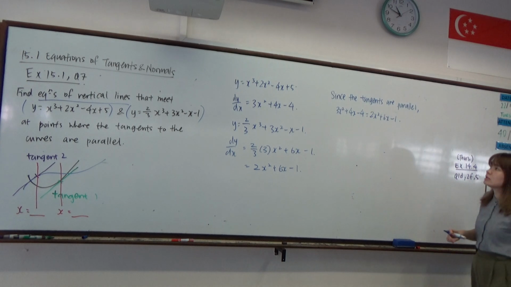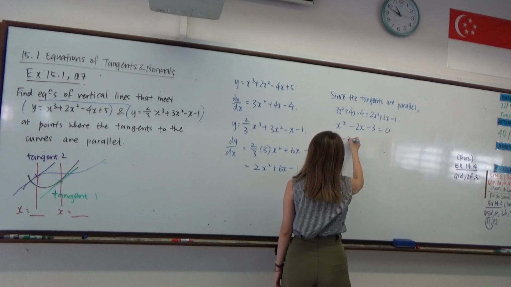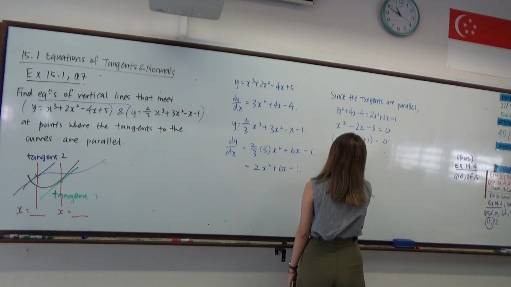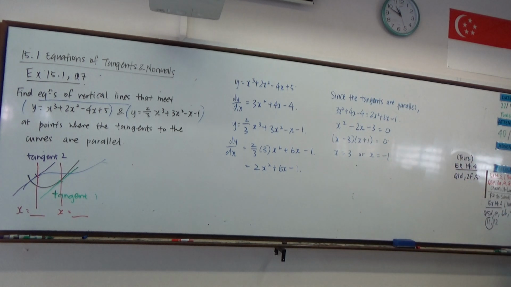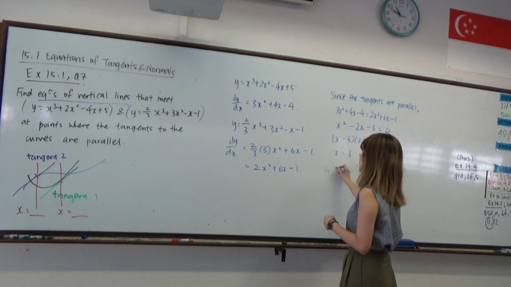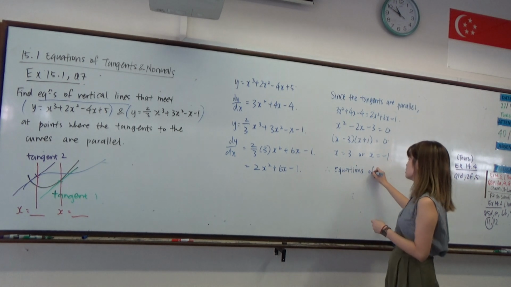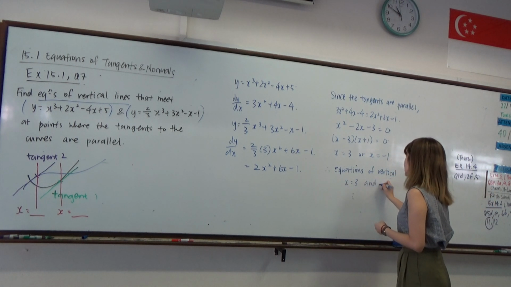Then we will now solve for the value of x. Therefore, the equations of the vertical lines will be x equals to 3 and x equals to -1.